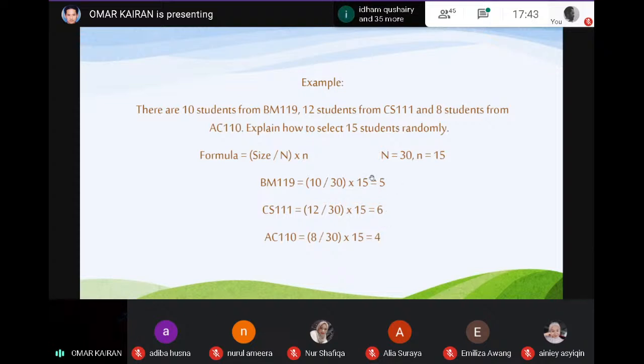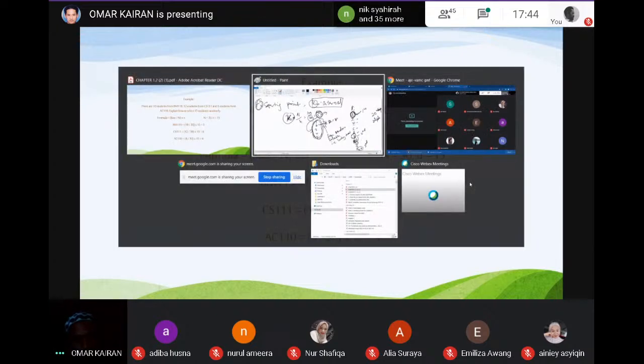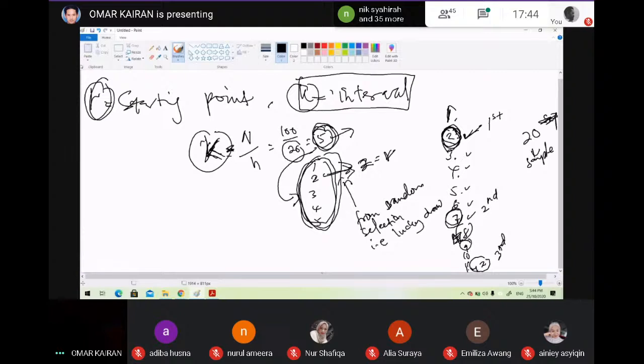Nak pilih daripada 5, 6, 4 ni kita menggunakan lucky draw. Kita ada 15 contohnya.